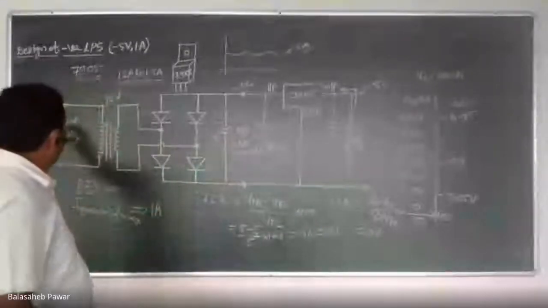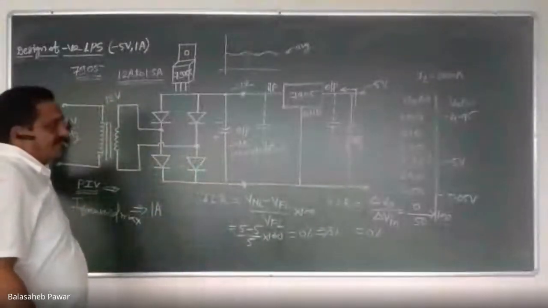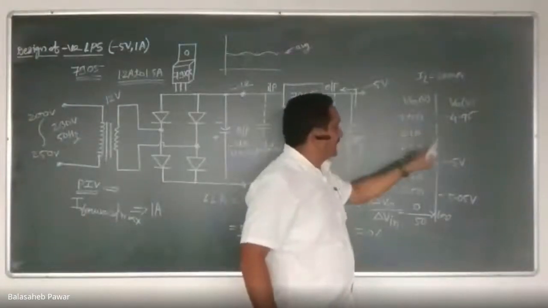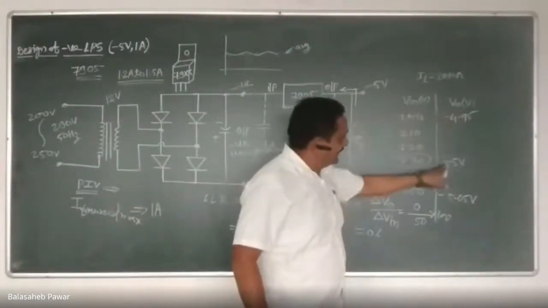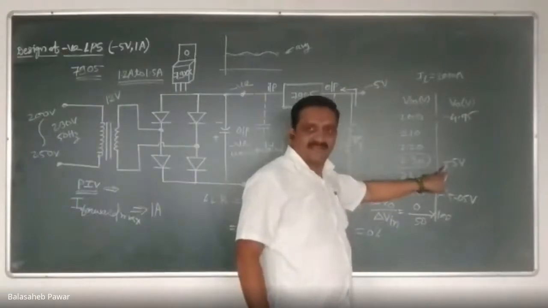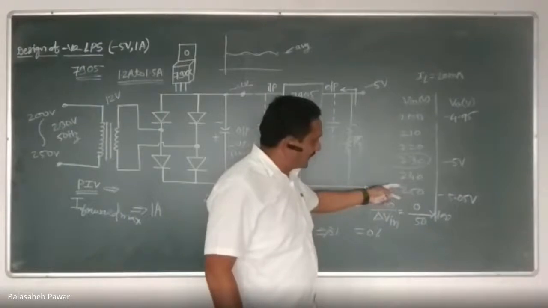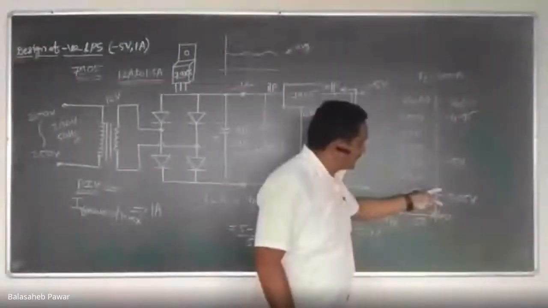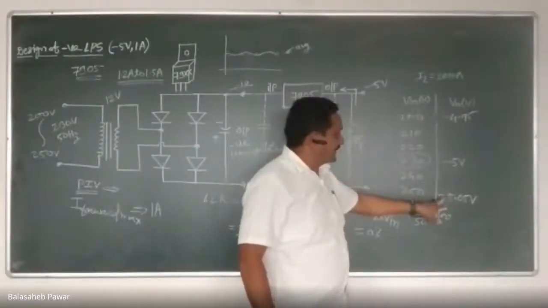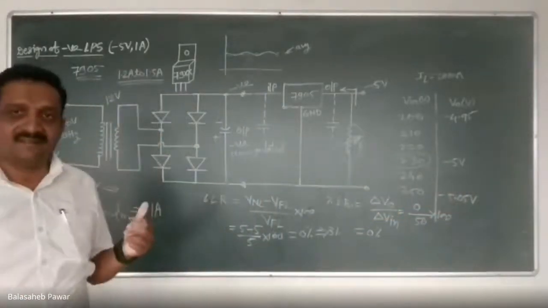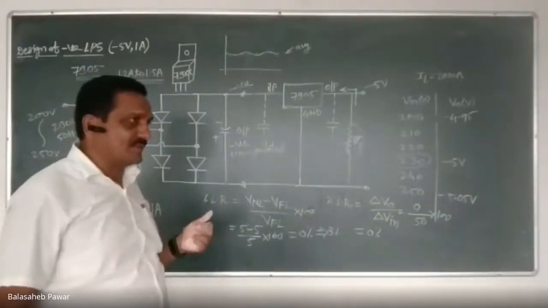Practically, if the supply input voltage is 200, how much is the output voltage? -4.95. Only when it is 230 will it remain exactly -5. And if the supply voltage increases to 250, then the output voltage may increase to -5.05 volts. Are you getting it? Yes or no?